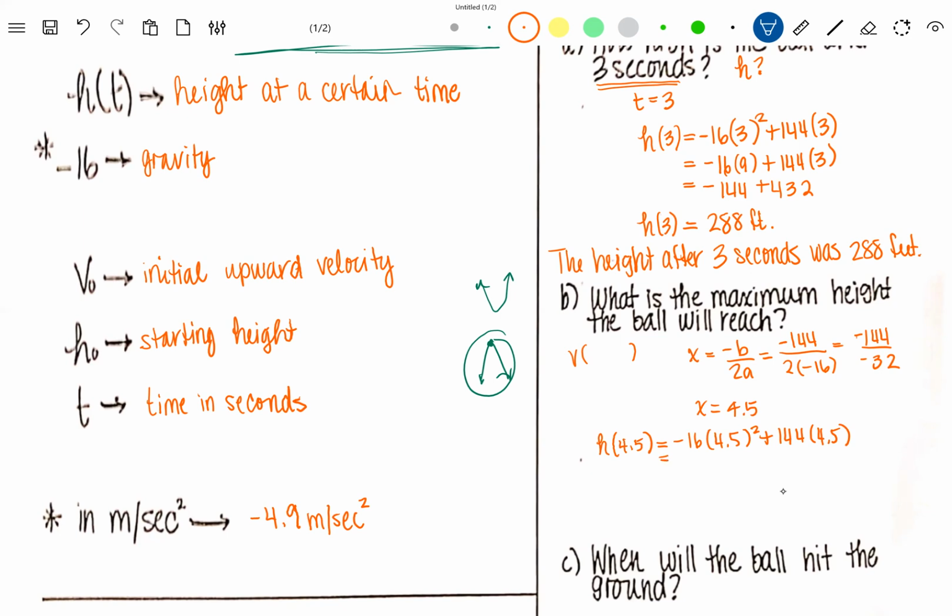So 4.5 squared is 20.25. 144 times 4.5 is 648.